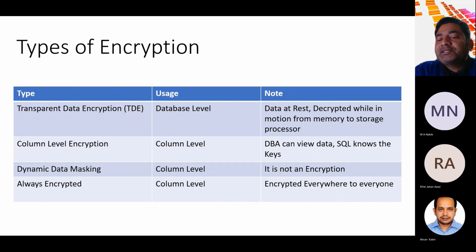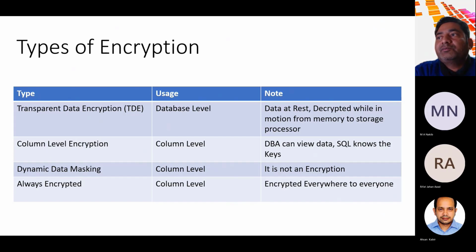When the data is in motion, it is not encrypted. So if someone finds our actual stored files somewhere, they can look inside the data, because the data is encrypted only at rest when it is stored.